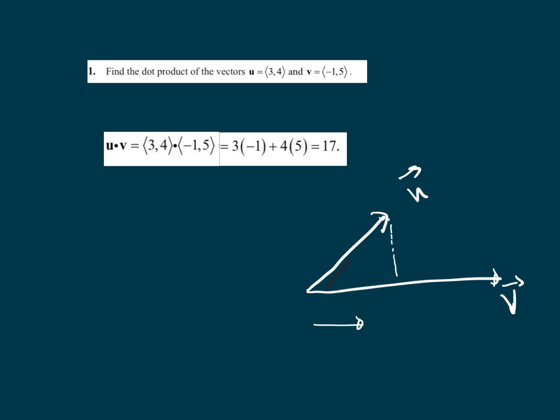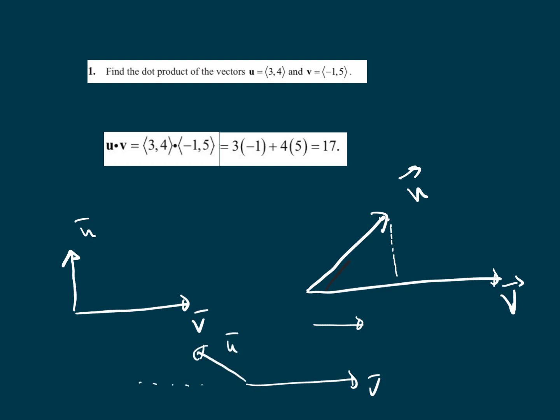And the dot product is 0 when the projection of u in the direction of v never happens. There is no projection. And the dot product is negative when the projection of u onto v is negative, in the negative direction of v.